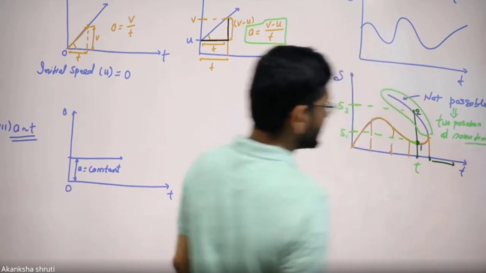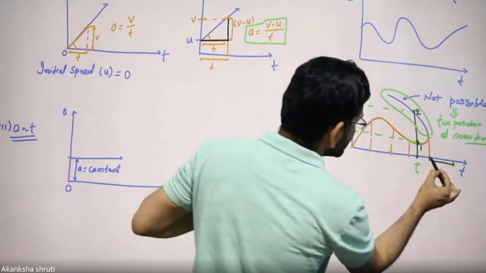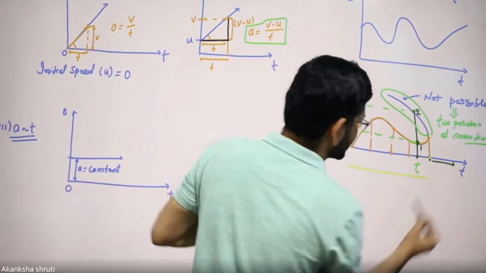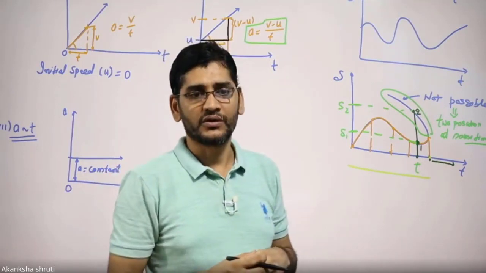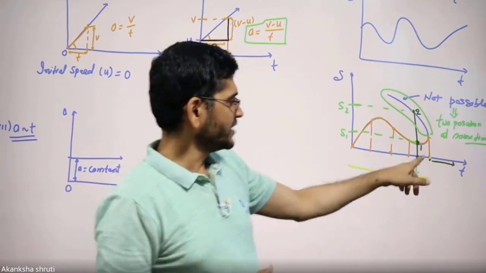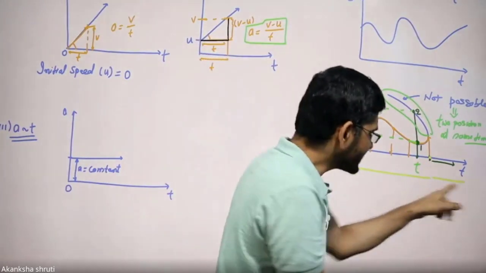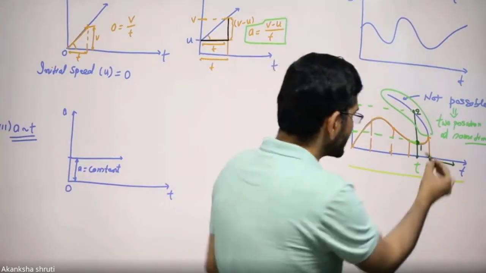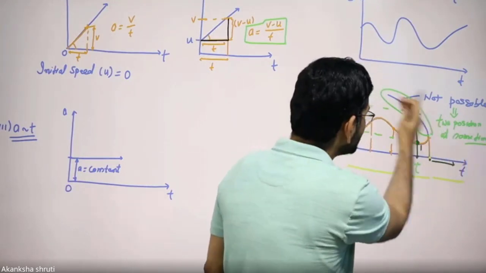Or you may understand it like this also: once the time has increased, in your clock you started observing at 2 o'clock, and from 2 you have reached 3. After this 3, the time will surely increase. So this graph shall surely go in this direction only. How can it come back?